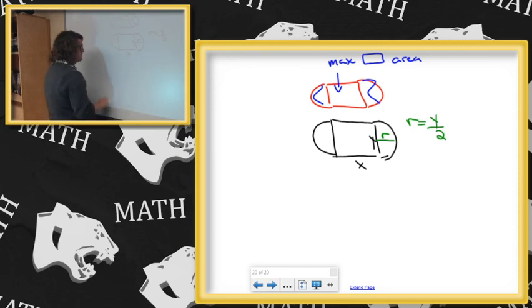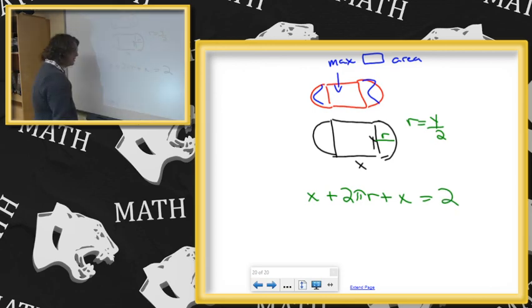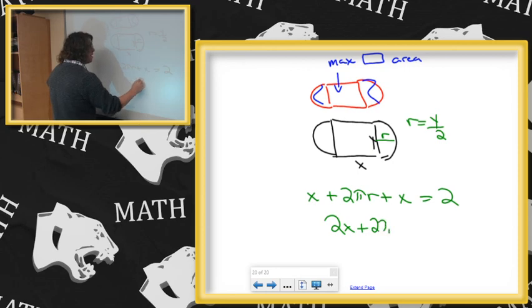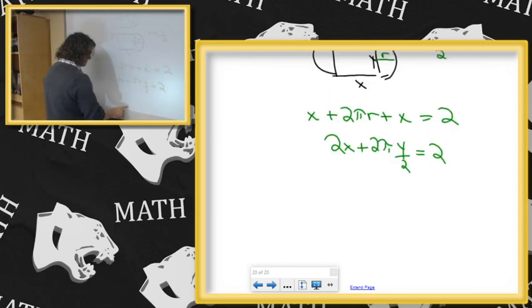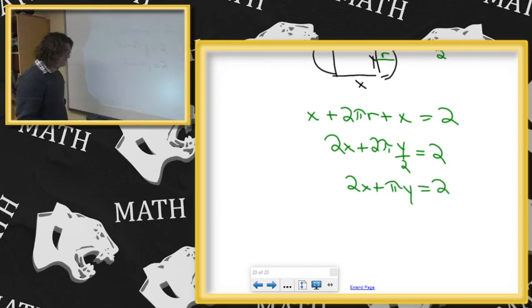What we do know is that x on the bottom plus a circle worth of track, which is 2 pi r for the circumference, plus another x would be the entire way around, and that's only allowed to be 2 kilometers. So we would get 2x plus 2 pi y over 2 is equal to 2, or 2x plus pi y is equal to 2.